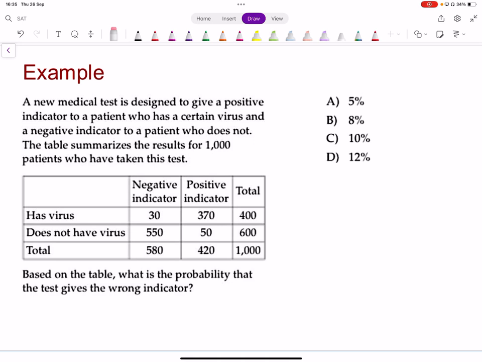When is the test result false or incorrect? It's either this, when they have the virus and the test gives a negative indicator, right? Or when they do not have the virus and the test is positive, right?